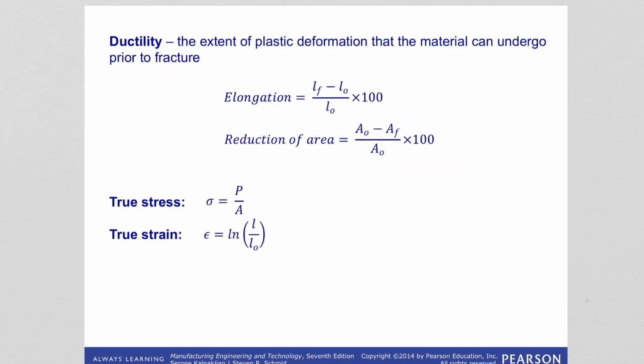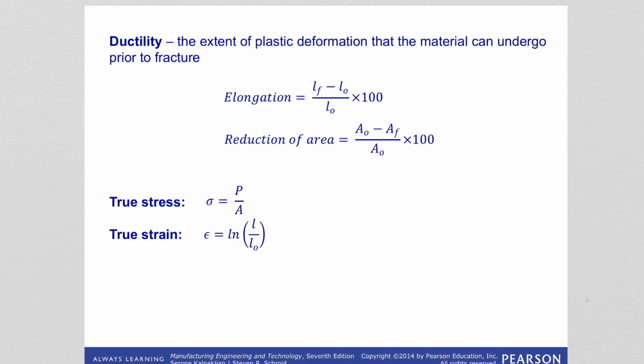So what about ductility? What is ductility? It is how much we can deform the material before it fractures, and there are two ways to measure ductility. One is the total elongation of the specimen, the other is the reduction of area, given by these equations.